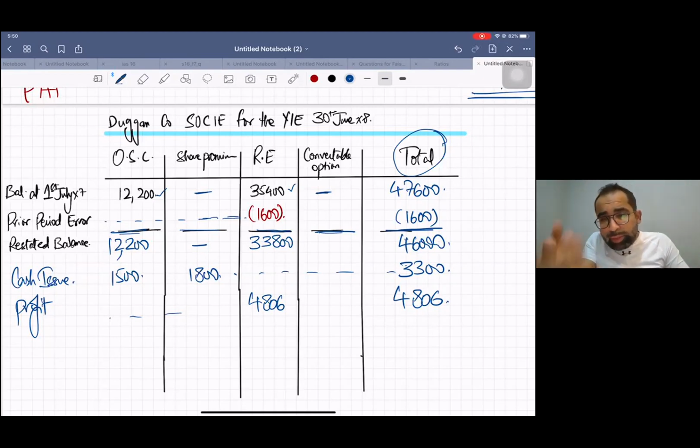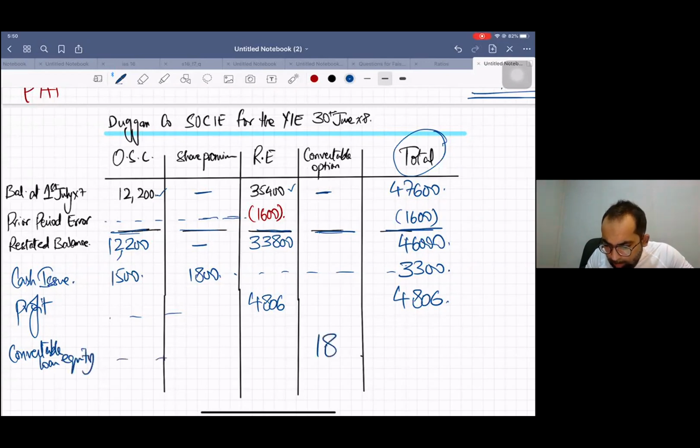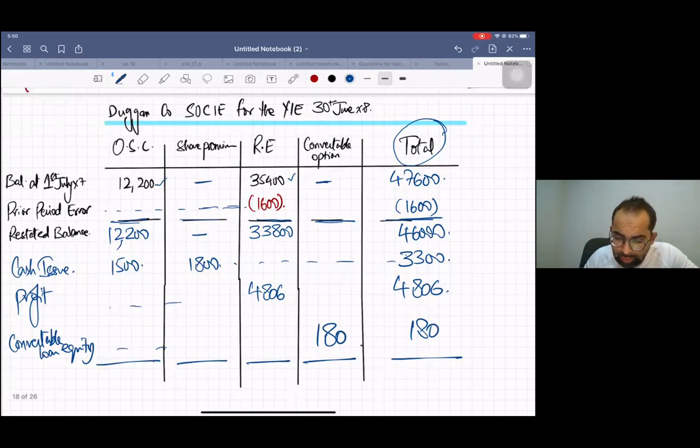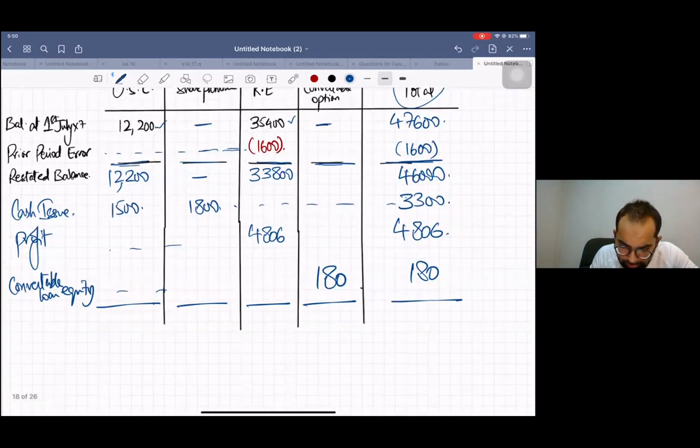So because of the convertible loan note, there is a movement of equity reserve. I think it was 180, and it will increase your total as well. Okay. So these were all the adjustments of SOCHI. Now simply calculate the balance.